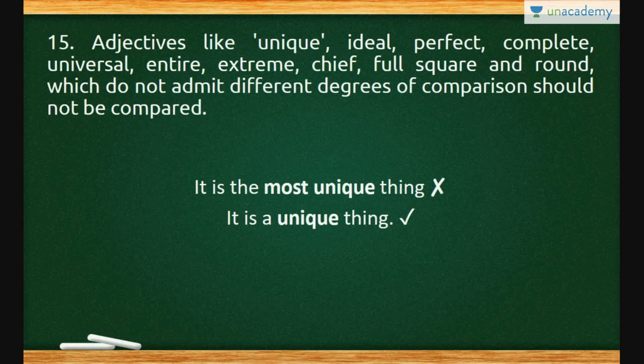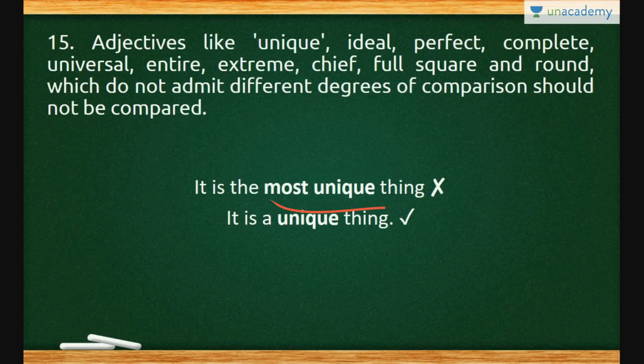Unique does not have degrees of comparison, and similarly, all these words do not have any degrees of comparison. You can't say more unique or most unique. You can't say most ideal. Ideal is already in its superlative degree, or perfect is always in its superlative degree.